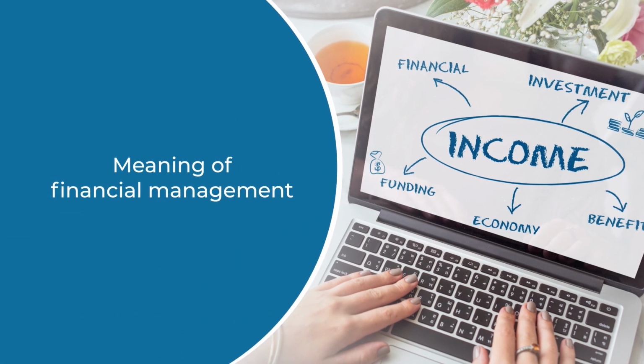So, that is all about the introductory part of financial management, where we have learned about the meaning of financial management. If you see the first slide, what we have covered so far: the meaning of financial management, that is planning, organizing and controlling the monetary resources.